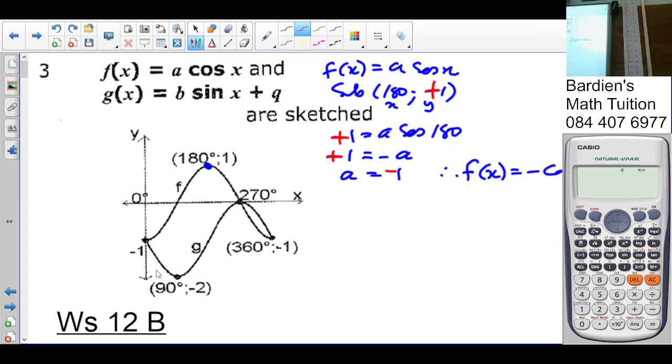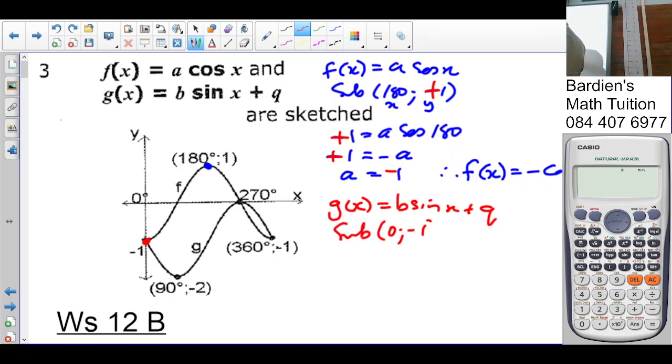Let's look at the g of x. The g of x graph is b sin x plus q. How many unknowns do we need to solve here? There are two unknowns, b and q. So most likely I'm going to substitute 2 points in. Let's go with the first one. I'm going to go with 0 and negative 1, remembering that's an x and a y.